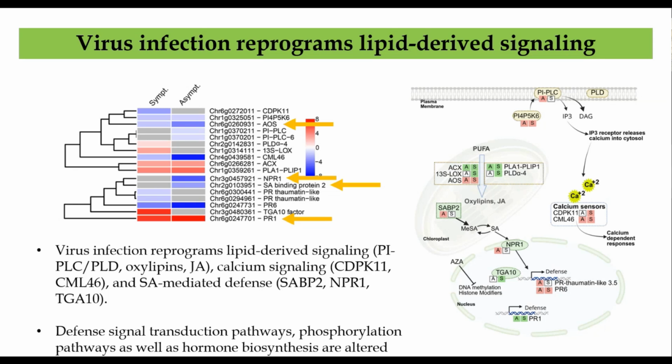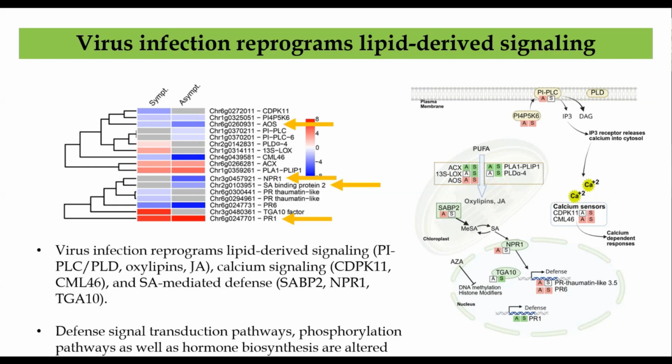We see the genes that are differentially expressed get targeted here as well. We see the oxylipins and jasmonic acid biosynthesis in the chloroplast from unsaturated fatty acid. These genes are getting differentially expressed upon Rosette virus infections.